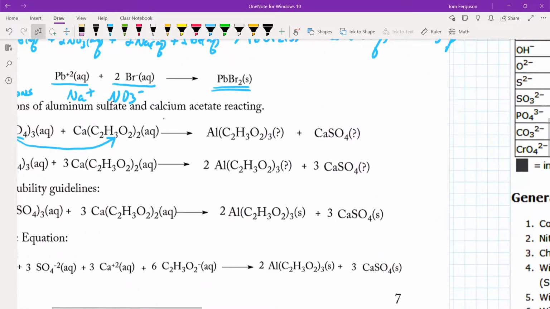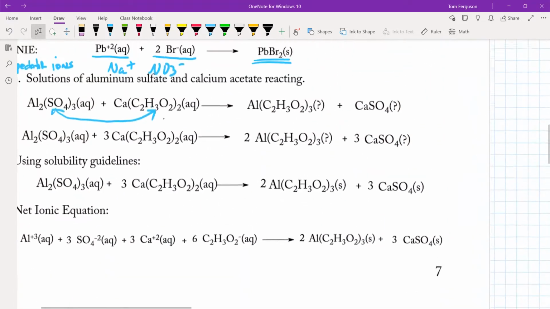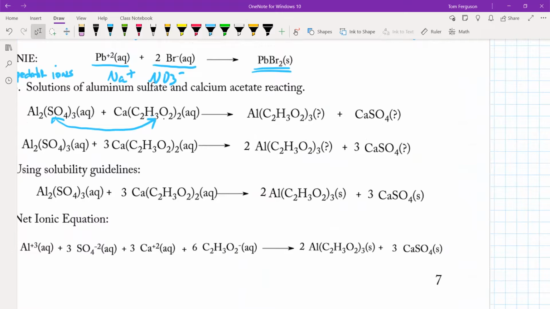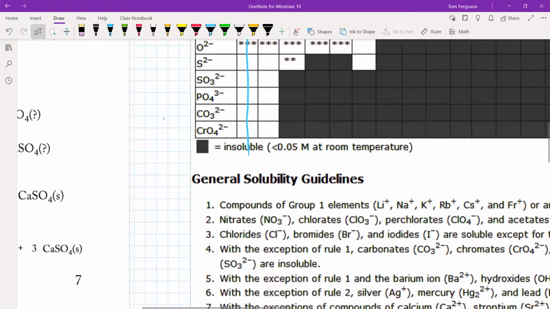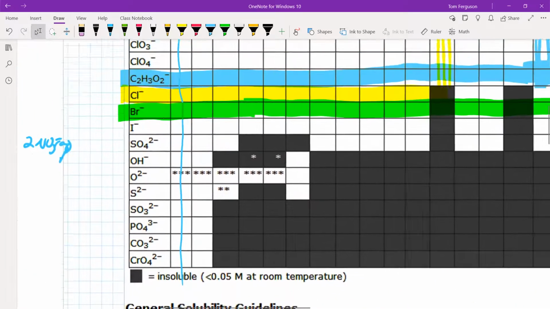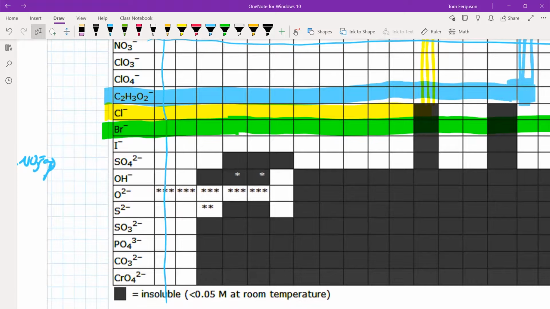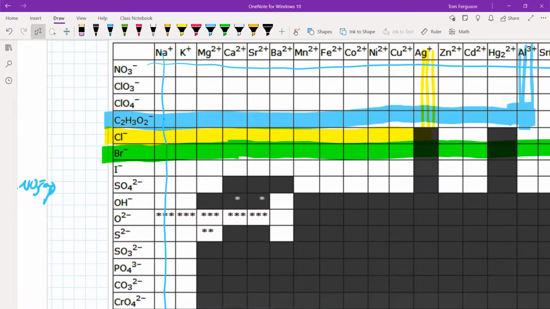And what about calcium sulfate, CaSO4? SO4, calcium, black.